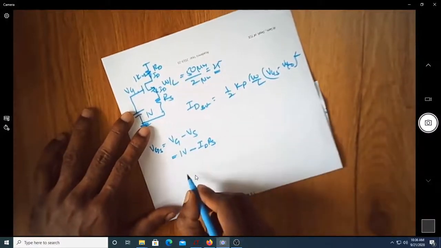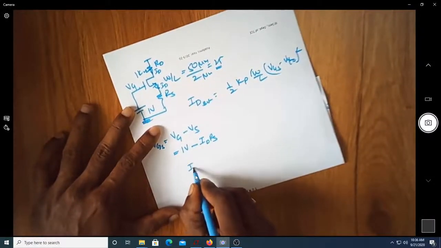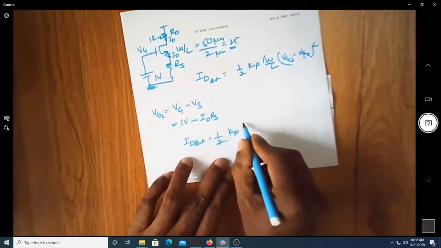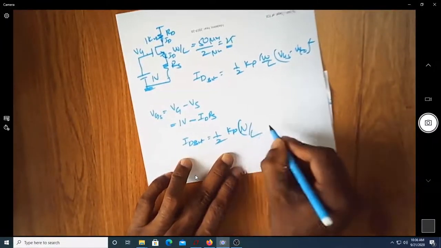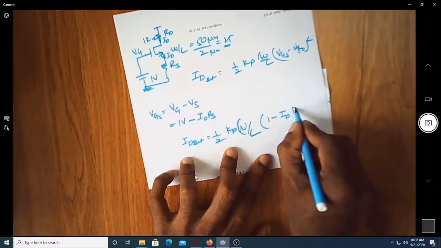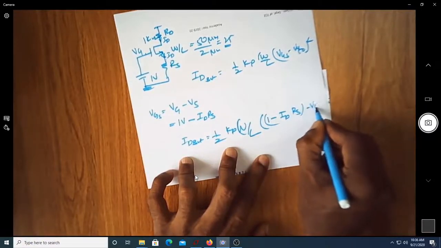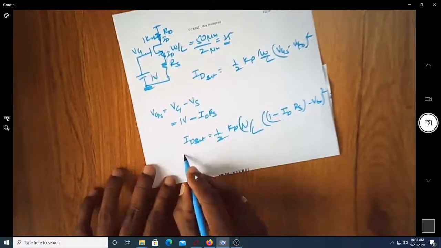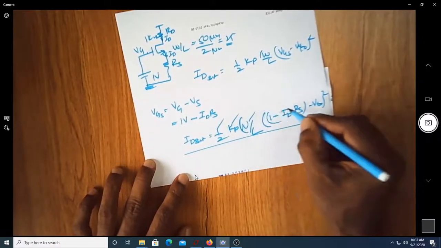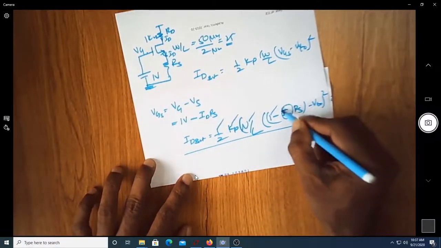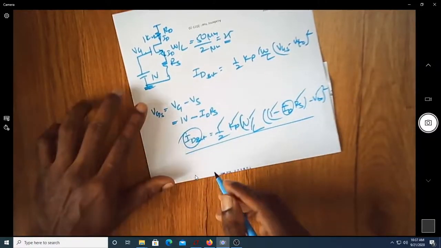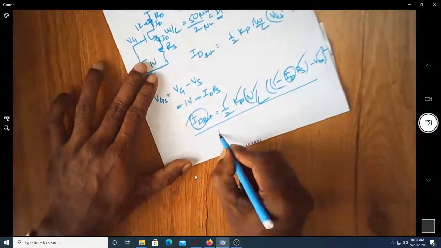Okay, I will write it as ID sat is equal to half Kp W by L into 1 minus ID into RS whatever value minus VTO whole square. Upon substituting, because we know all the values, half we know, Kp we know, W by L we know, 1 volt we know, this is the only unknown, everything else is known. Upon substituting, you will get the value of ID.